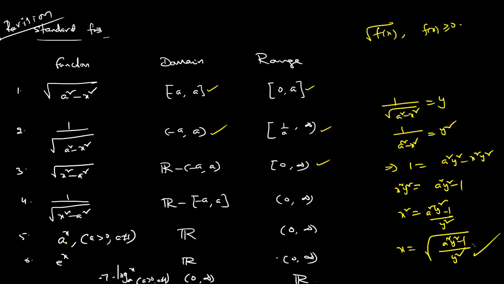Fifth one, a power x, a greater than 0, a not equal to 1. A power x means what here? 2 power x, 3 power x, like this only. Domain is the set of real numbers, and range is 0 to infinity. Sixth one, e power x.